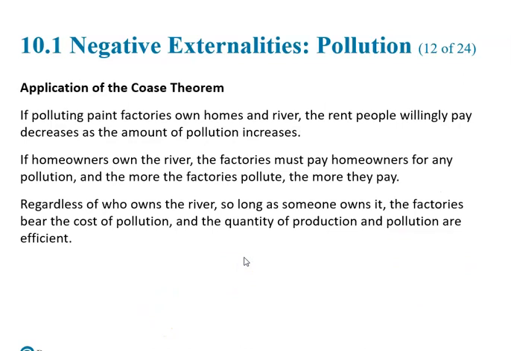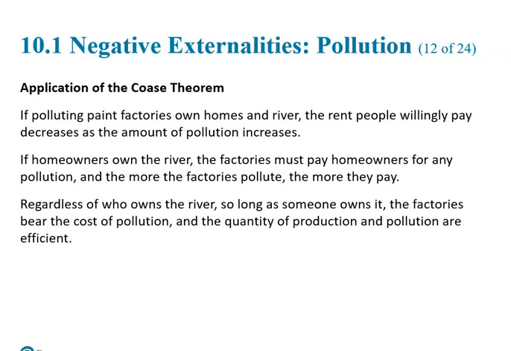So let's take a look at the practical application of the Coase theorem, sticking to the example of the paint factories causing pollution. If these paint factories own the homes on the river, the rent people will pay will decrease as the amount of pollution increases. On the contrary, if the homeowners own the river, the factories must pay homeowners for any pollution, and the more the factories pollute, the more they pay.